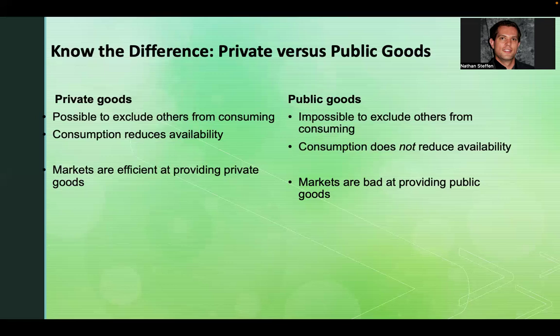Markets are good at providing private goods, but the public good thing is a little more complicated. A consumer who wants the good doesn't have to pay somebody else to make it. To get the good, he or she simply free rides off of someone else's production or purchase. Once someone builds a road, every car and truck can use it to get where they want or need to go.